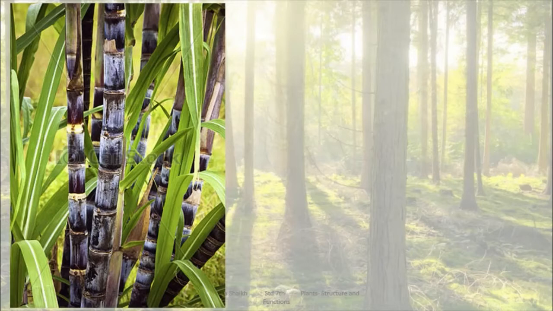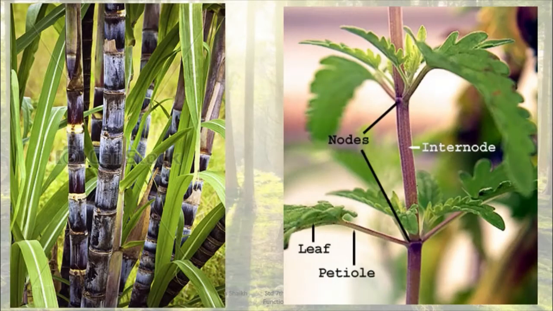You can see the stem of the plant and you can see small ridges, the slightly raised parts. Those are called the nodes, and leaves arise from these nodes only. So nodes are very important. They give rise to the leaves of the plant. And this portion between two nodes is called the internode. Alright.